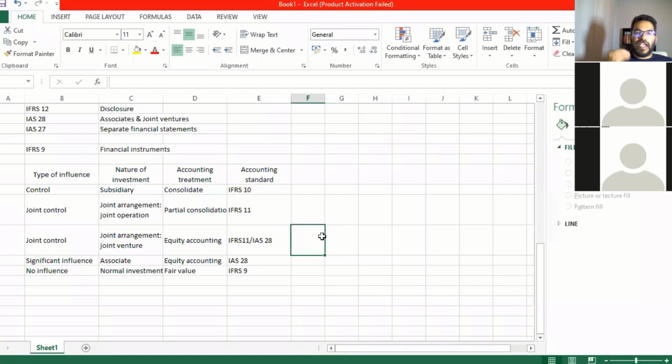So as you can see, IFRS 3 is used only at acquisition, and there are limited instances where IFRS 3 is used subsequently. But once you have dealt with acquisition, you would also identify the type of influence. Once you know the type of influence, then subsequently you need to apply the accounting standard that is applicable to the type of influence.